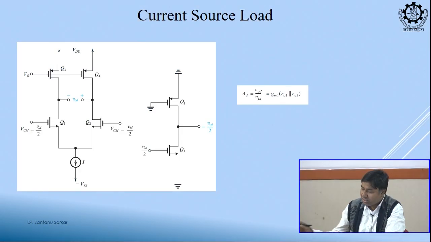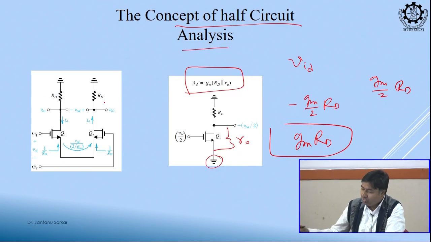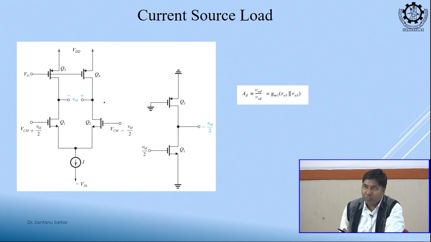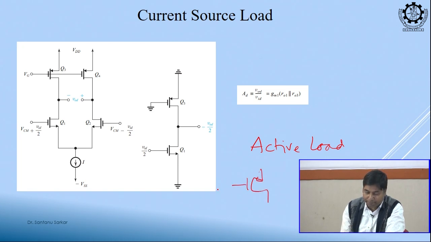Now, this resistive load we can change with an active load. How can we design an active load? We can provide a fixed voltage to a MOSFET. If I provide a fixed voltage to a MOSFET, it will behave like a current source, right?